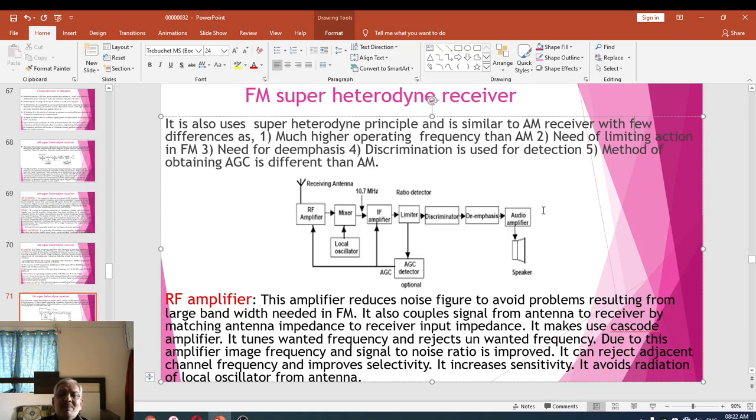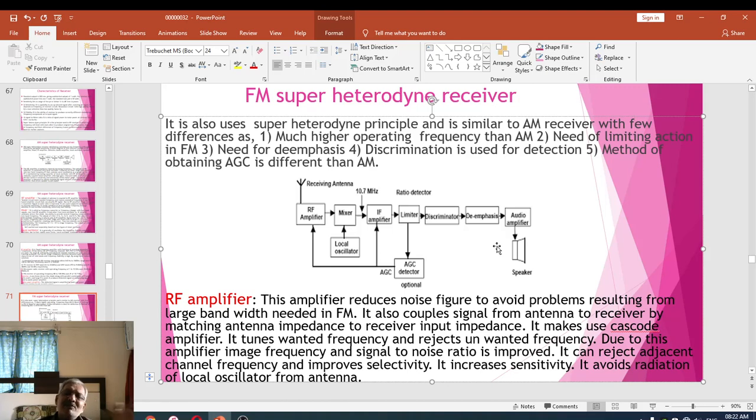Dear students, when we observe the block diagram of the FM super heterodyne receiver, which is depicted in this particular figure, it is quite similar to that of the AM super heterodyne receiver. It only makes use of some additional blocks.